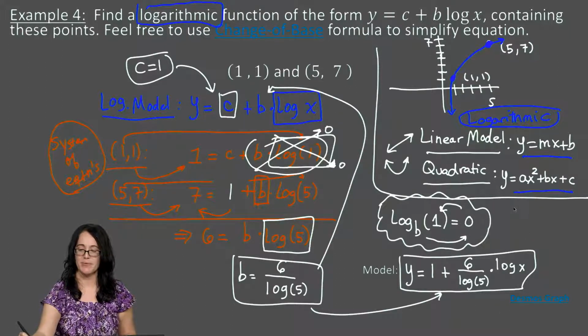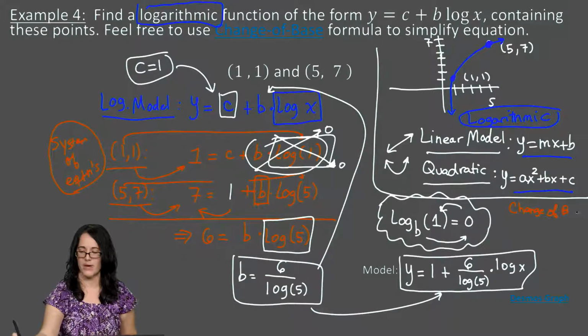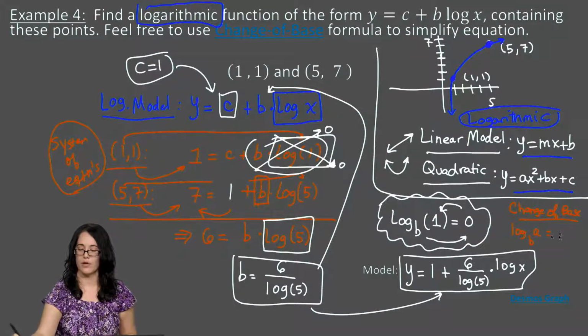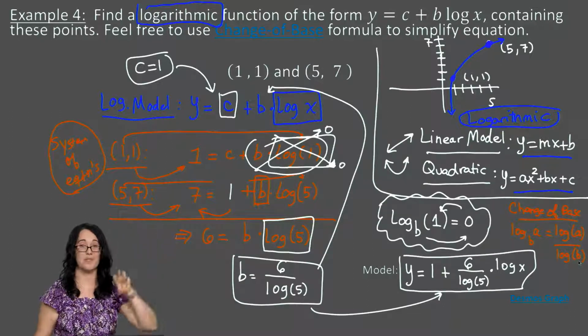Why? Because we had something called the change of base property, which said if you have a logarithm whose base, let's say, is b, and whose argument, let's say, is a, we could write that as a common log, so base 10, of the argument a, divided by the common log, base 10 again, of argument b. So the log of the argument over the log of the base.